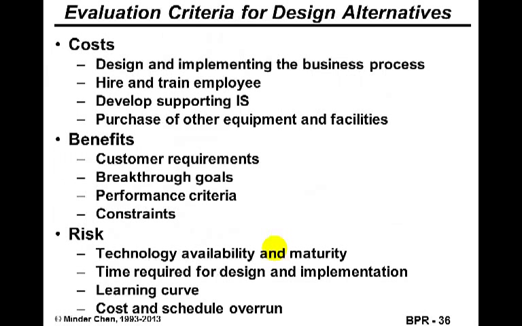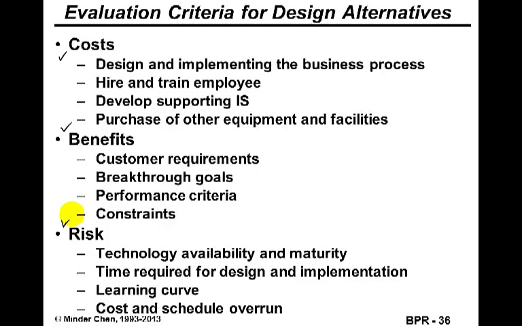Once we have various design alternatives in terms of redesign of the process and the IT enabler that we're going to use, we will need to evaluate those alternatives based on cost, benefit, and don't forget about the third criteria, which is the risk.